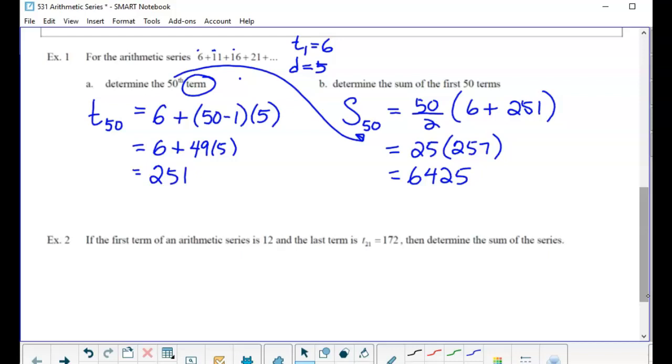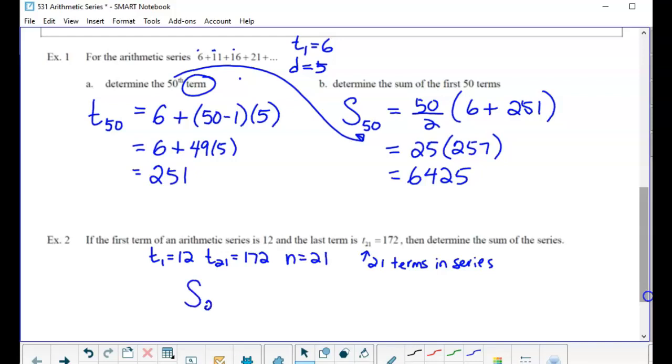Okay. Next one, if the first term in an arithmetic series is 12 and the last term, so this is a finite series, last term is T21, is 172. So that means there are 21 terms in the series. Determine the sum. All right, so we know here T1, if you want to write out what you know, T21 equals 172, n equals 21, then do so.